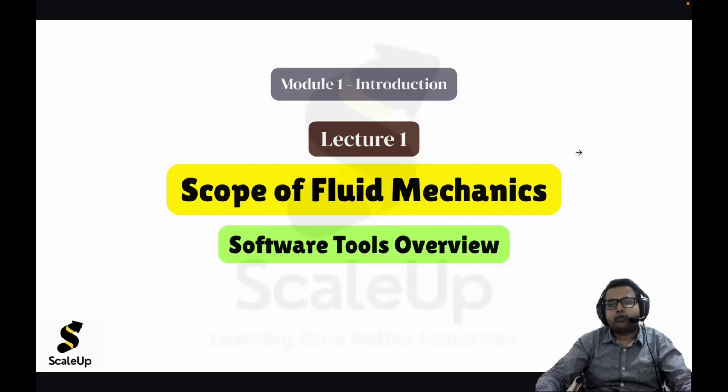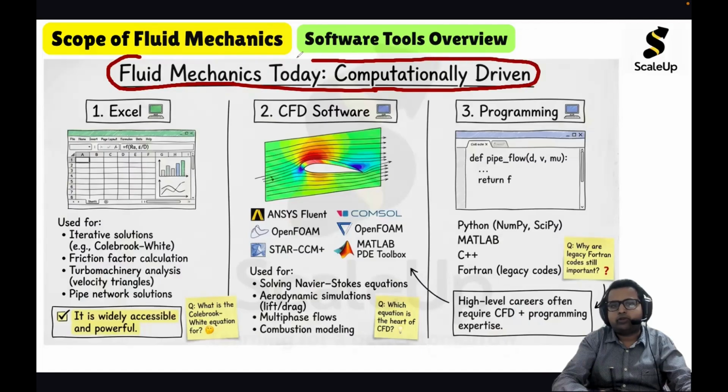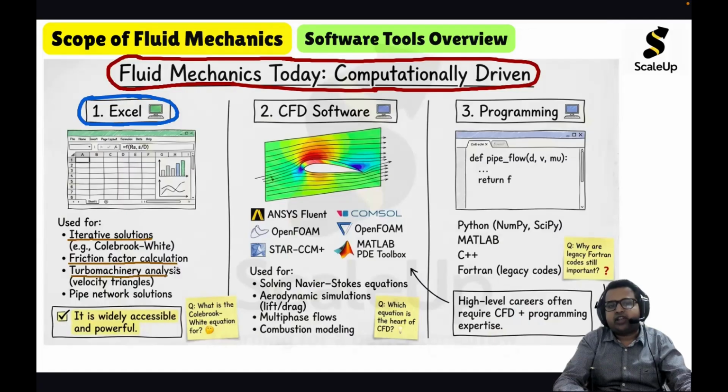Software tools overview. Now, fluid mechanics today is computationally driven, so we make use of software while studying fluid mechanics. We have Excel. We make use of Excel for iterative solutions, friction factor calculation, turbomachinery analysis, like the velocity triangles, and pipe network solutions.